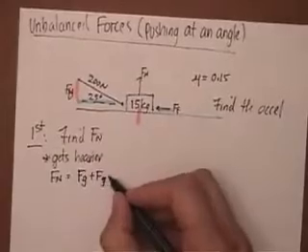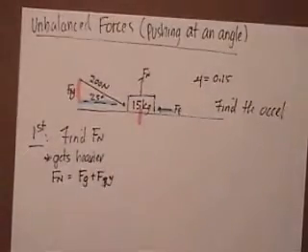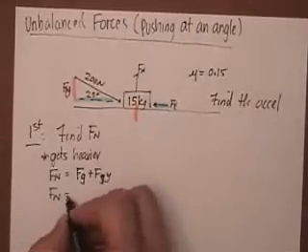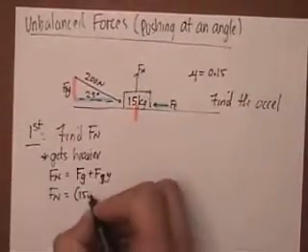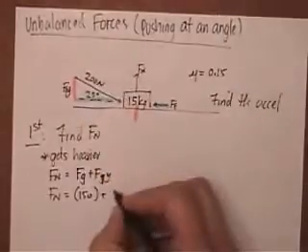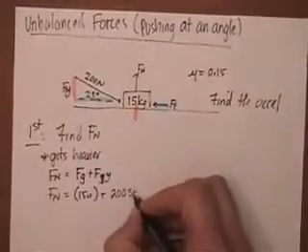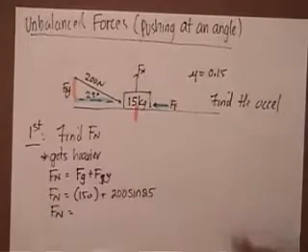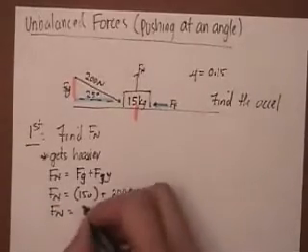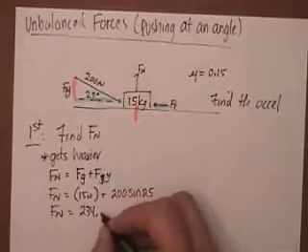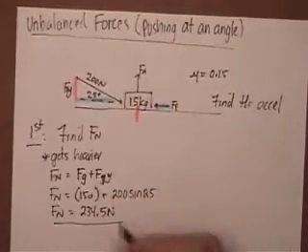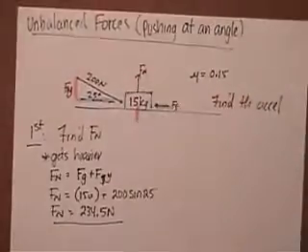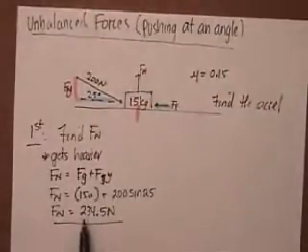So Fn is going to be mass times gravity, that's 150 newtons, plus my Fy, which is 200 sine of 25. And when you plug that all into your calculator, you end up getting 234.5 newtons. That is much heavier than the 150 that this thing is regularly, so our apparent weight is much heavier.